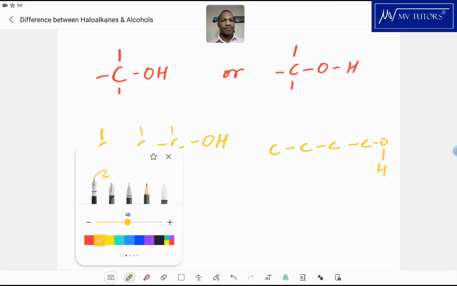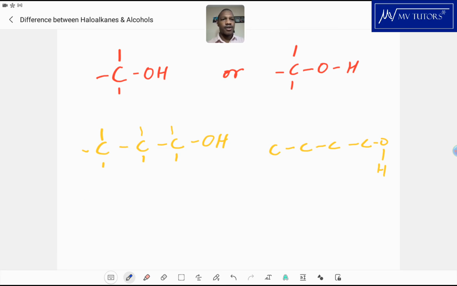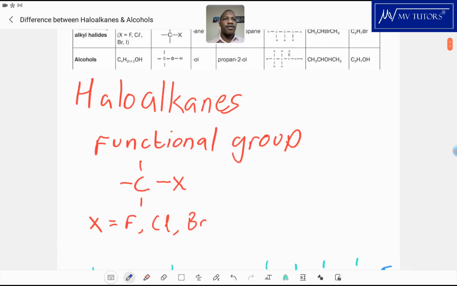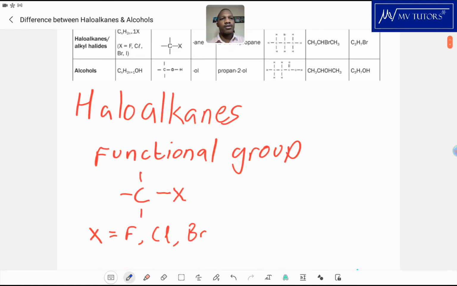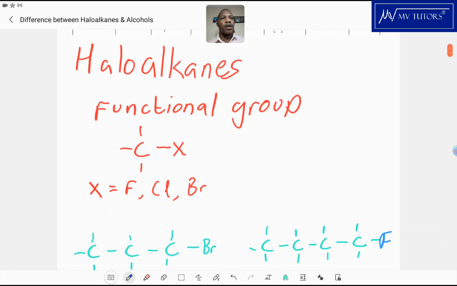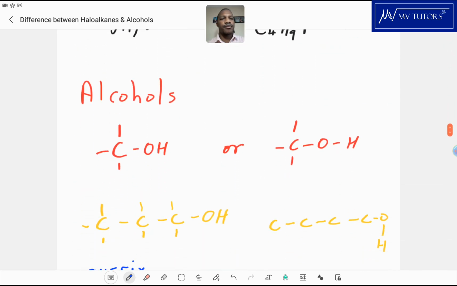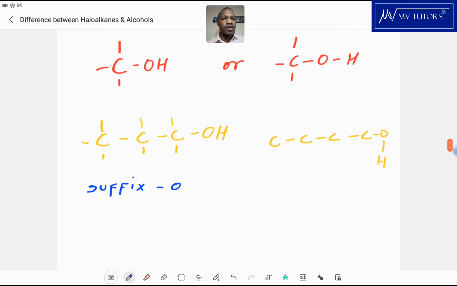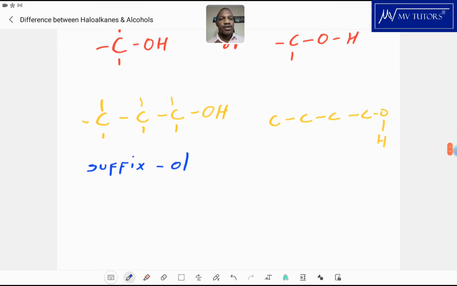Let's go ahead and name this one. Okay, so this is going to be the suffix. Let's start with the suffix. The suffix, as you can see from over here, is OL. So it's ol. Okay, so let's go ahead and name this one. It's going to be 1, 2, 3. 3 is prop.